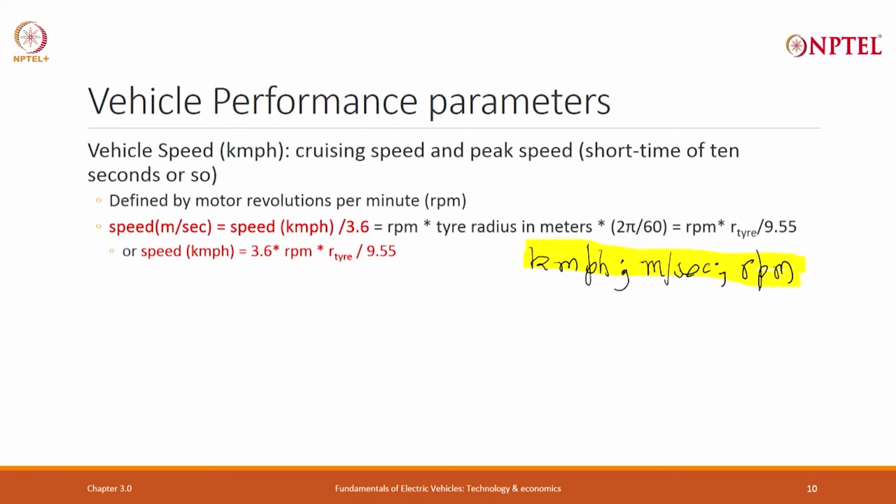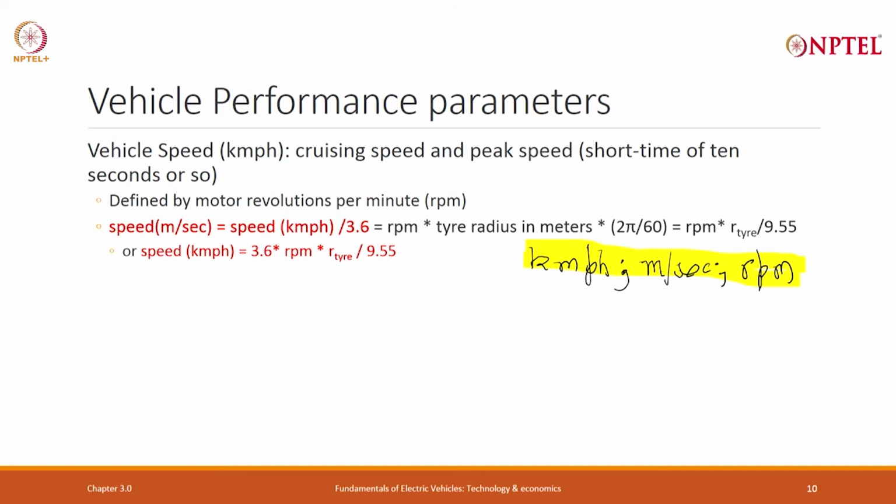And please look at this, very important: speed should be defined in meters per second, but most of the time it is defined in terms of RPM, revolutions per minute. Of course, speed can also be defined in terms of kilometers per hour. You often talk about vehicle speed in kilometers per hour.